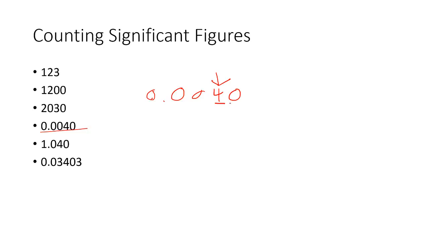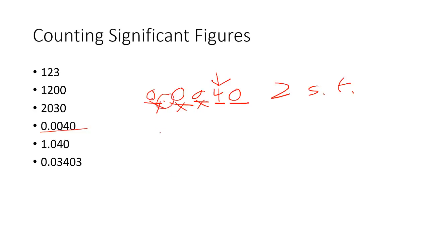So this 0 is significant. This gives us two significant figures. All the zeros to the left here are not significant because they are to the left of the 4. So find your first non-zero number. All zeros to the right of it are significant if there is a decimal place in our problem. So that's this thing right here.